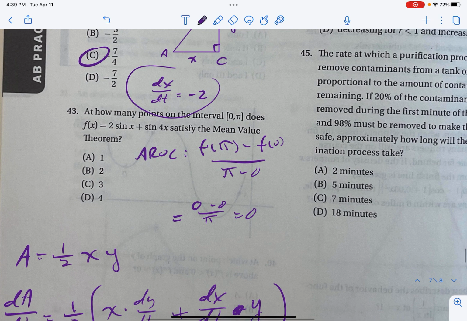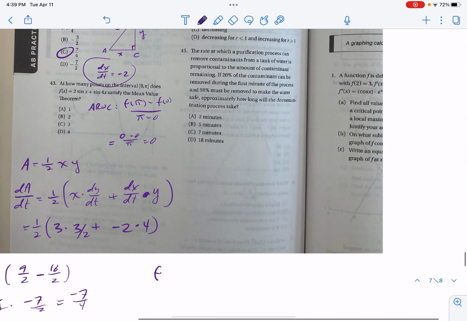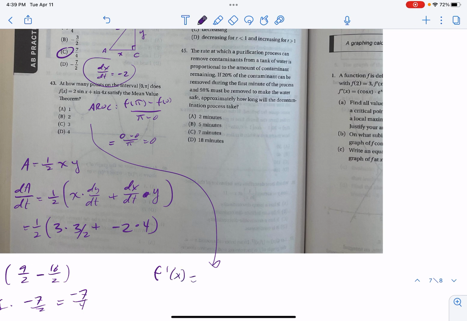So we want to know how many times the derivative is equal to 0. My derivative is 2 cosine x plus cosine 4x times 4 by the chain rule. So what I would do here is just graph this function. Create a new document.